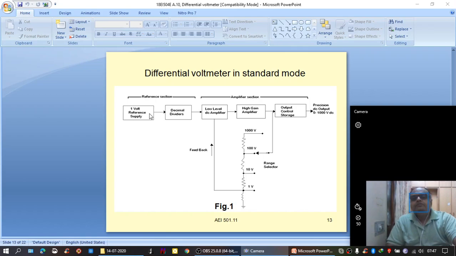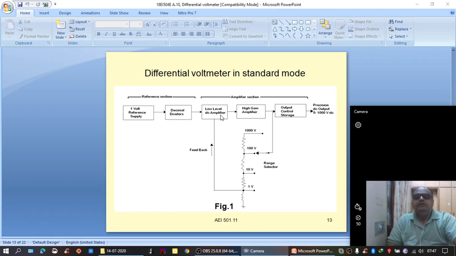So the reference voltage of 1 volt can be converted to any decimal fraction according to the requirement by using a potentiometer knob. It can be converted to 0.1 volt or 0.5 volt or 0.3 volt or 0.8 volt. We can convert it to any position.